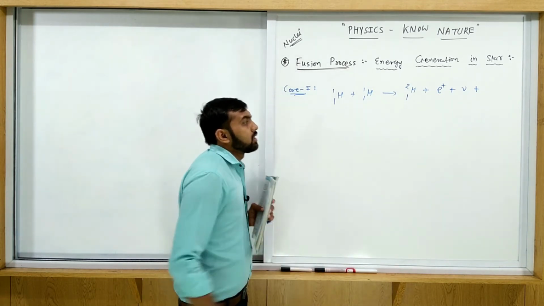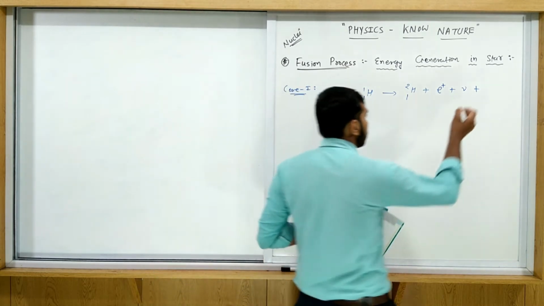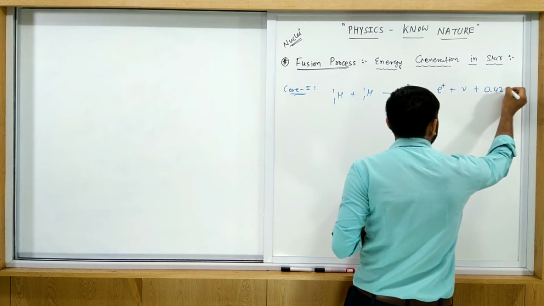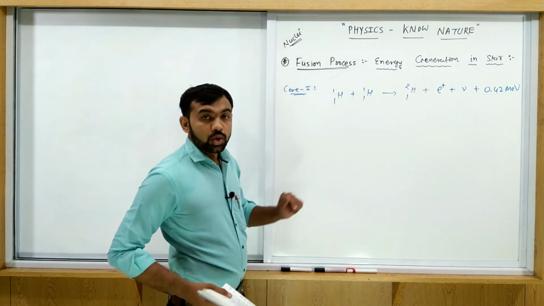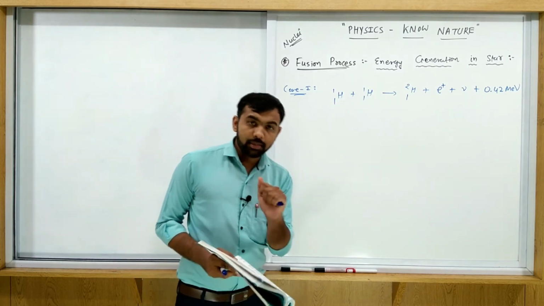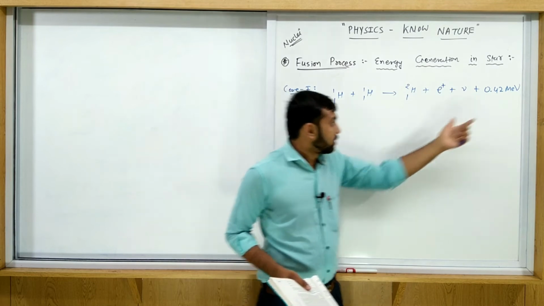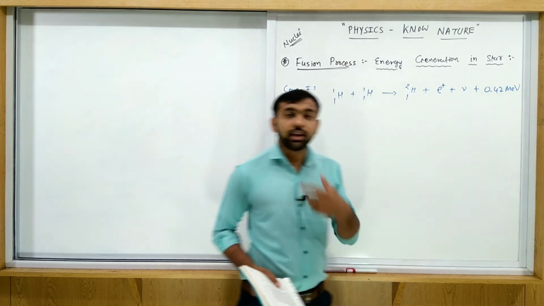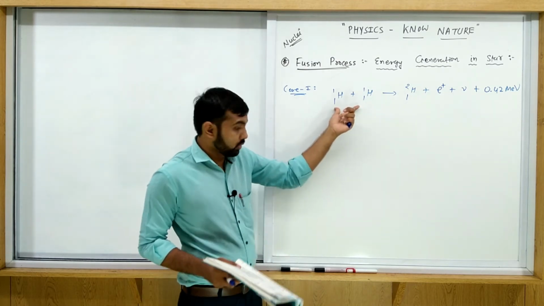Some energy is released in this process. How much energy is released? 0.42 MeV is released in this process, in the fusion of two hydrogens.